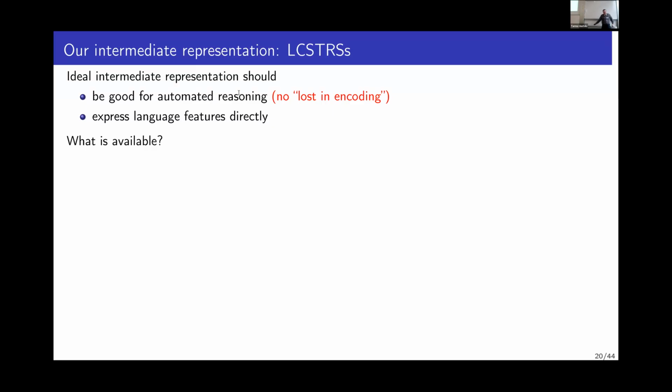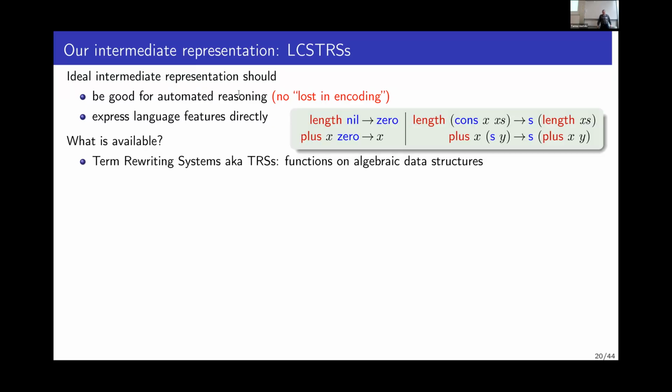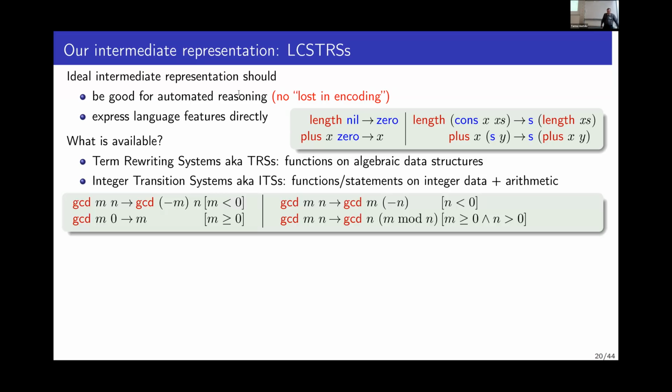So what's available? Well, we saw earlier, term rewriting systems are good for algebraic data structures, but have their downsides because you must do some not quite so natural things to represent numbers. On the other hand, our colleagues, if you attend the CAV or TACAS conferences, papers on termination proving in the last 10, 20 years are often about some form of integer transition systems.